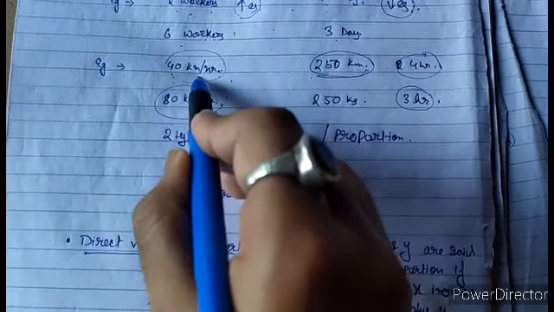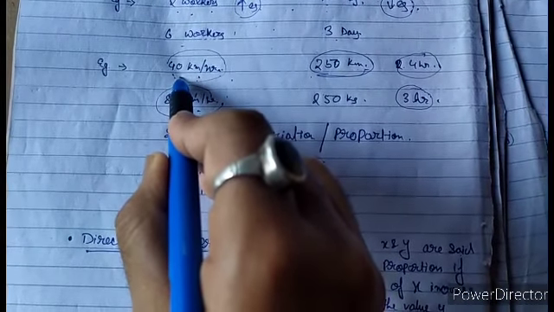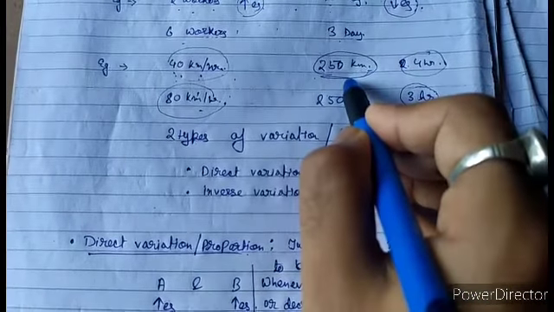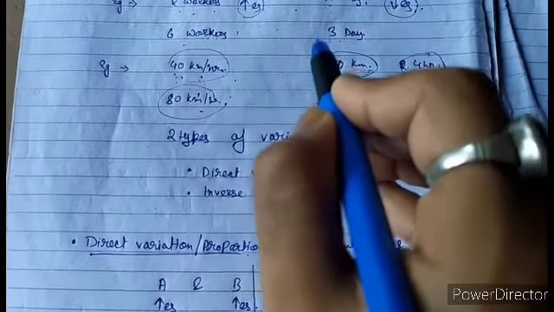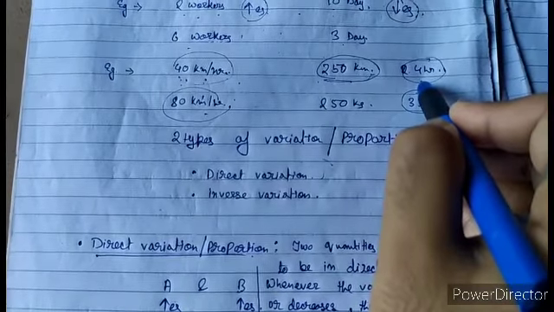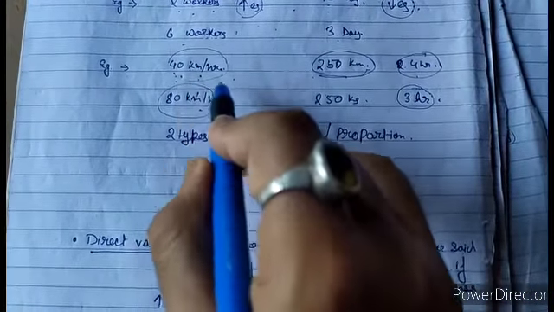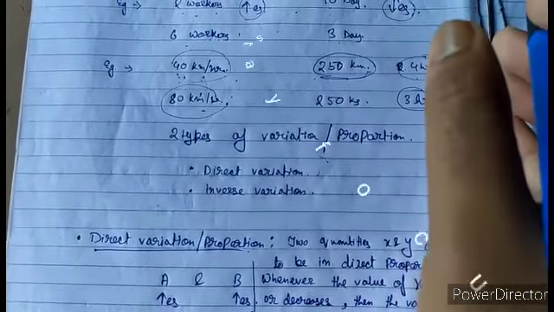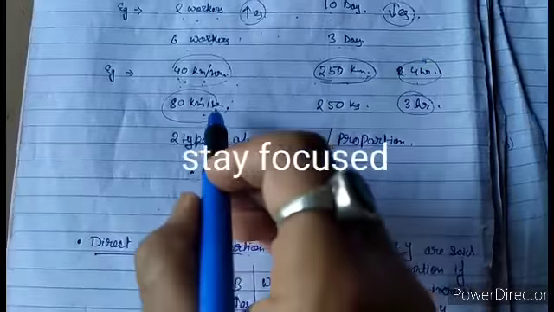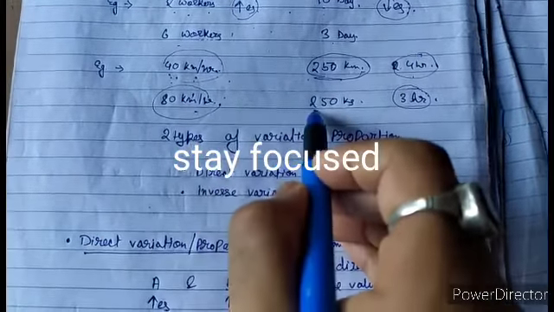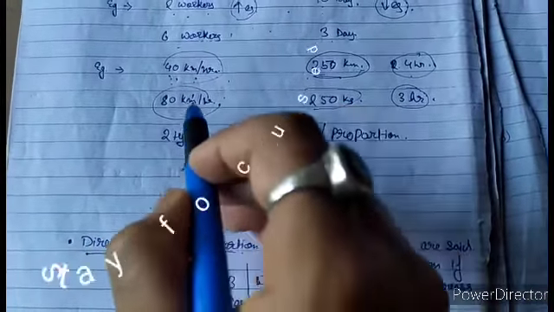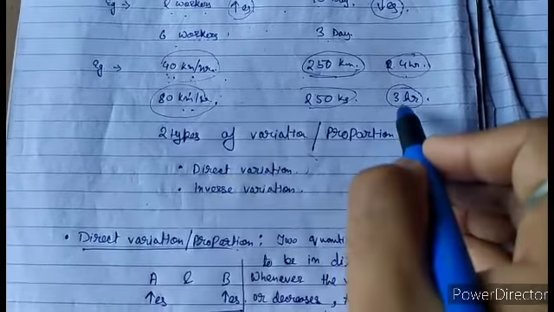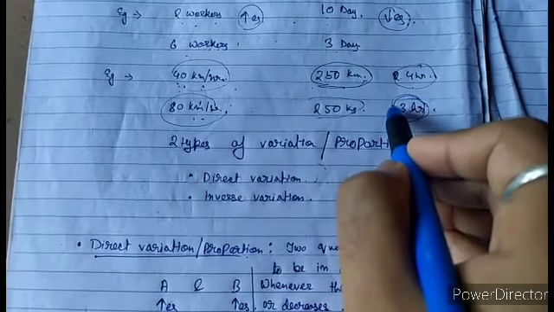In the first case, we were traveling at 40 km per hour a distance of 250 km, we need 4 hours. Though it is not a proper calculation, it is just an assumption to make you understand. In the next case, we traveled 250 kilometers, but we have increased our speed to 80 kilometers per hour. We found that our duration of time decreased.